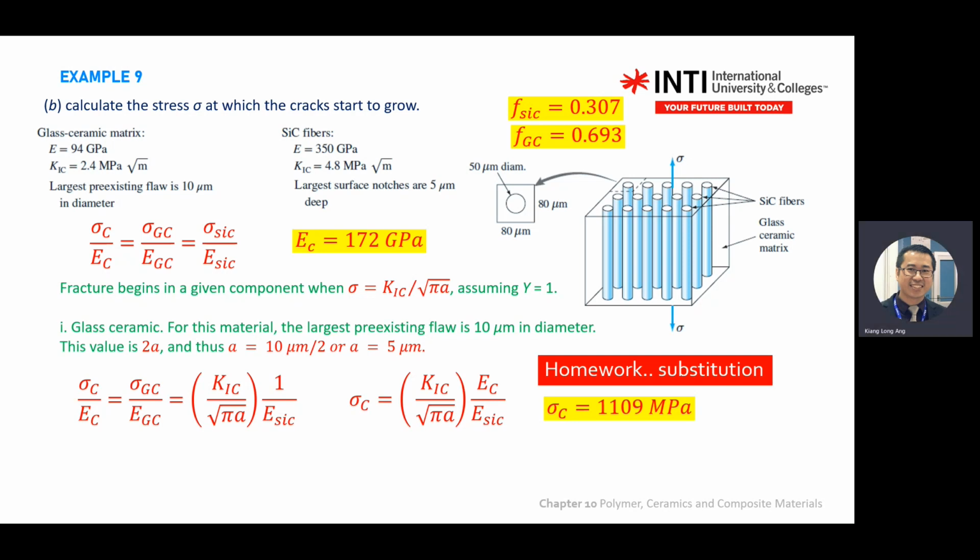This one, I think there's a typo error here. It should be GC. Then you substitute your A of 5 for glass ceramic. Typo error in my slides, not SIC for the second one. So from here you find the composite stress.